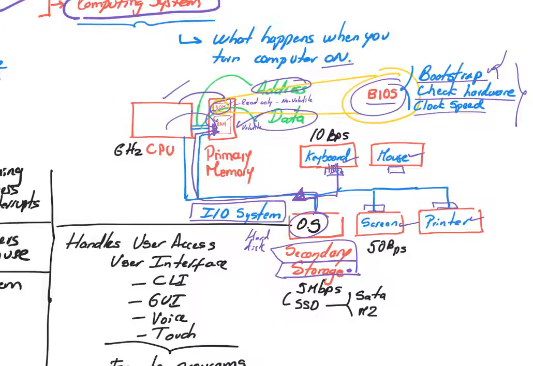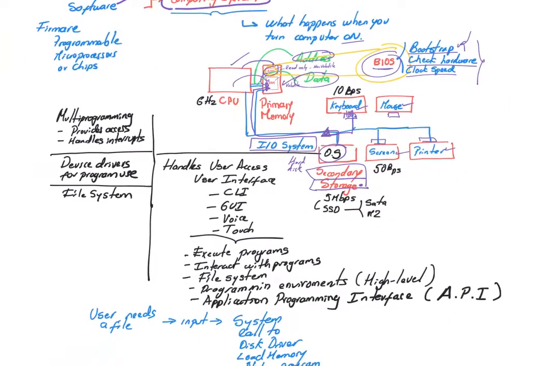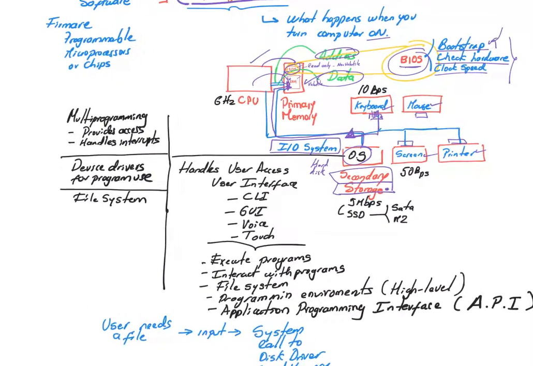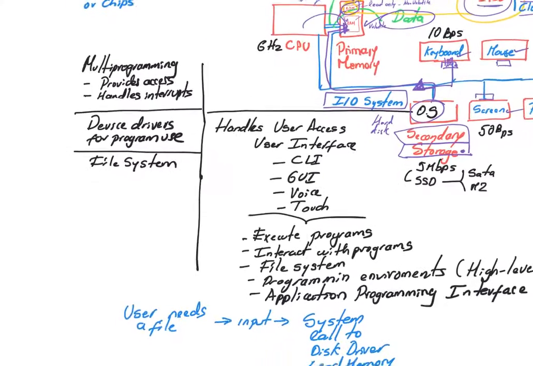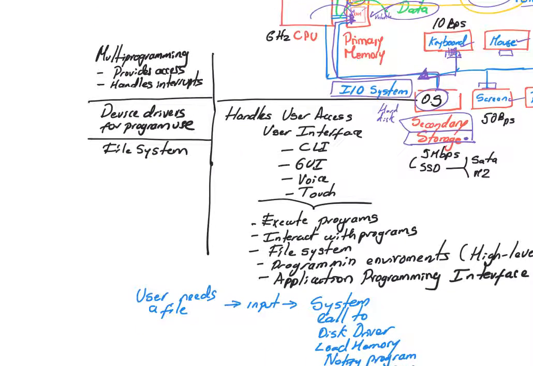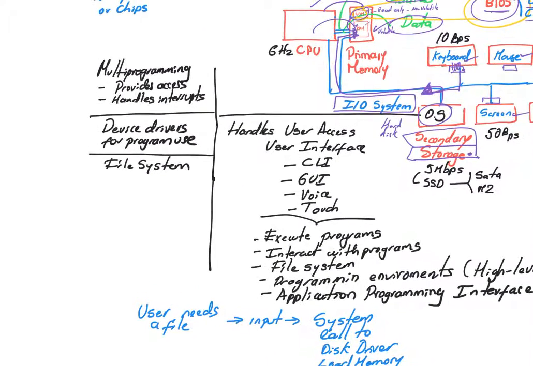So you load the basic input-output system, then the operating system is loaded, and then the computer is ready for requests and ready to load other programs. Now, the operating system is a program, a bunch of instructions running to handle different things for the user.